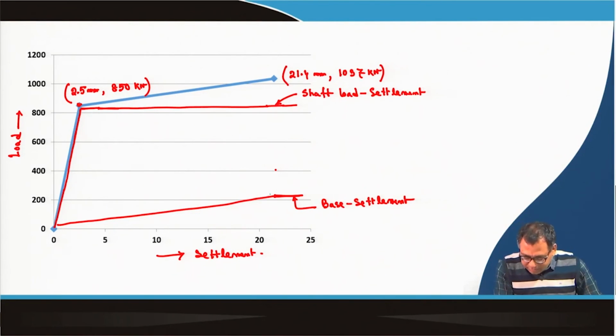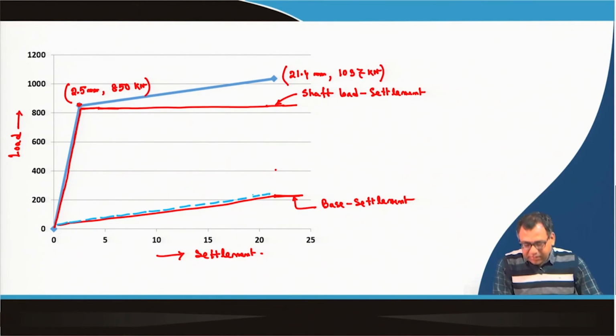So, I can draw something here. So, this will be here. So, I can extend and draw that curve also, but the difference will be very small as the deformation is only 0.71 millimeter, which is less than 1 millimeter.